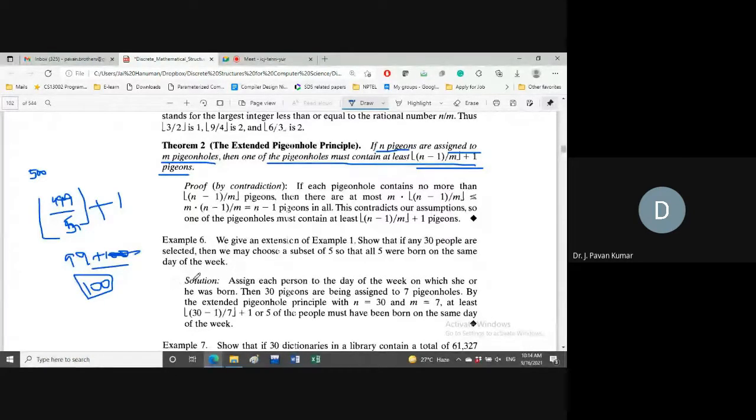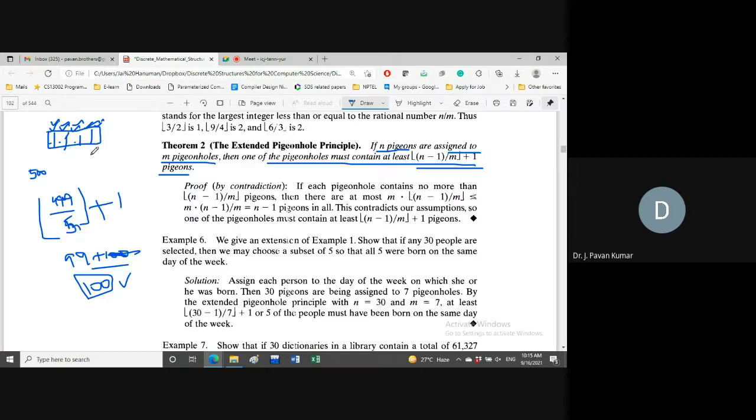Now, can you argue without that? How could we prove this? That is the statement. Suppose 5 pigeonholes are there, and 500 pigeons. Let us assume we put 99, 99, 99, 99, 99 uniformly.